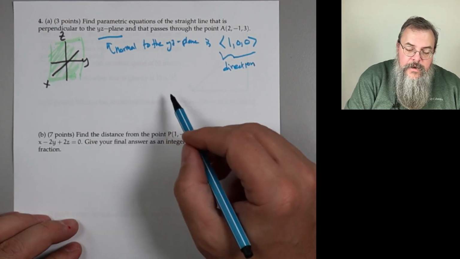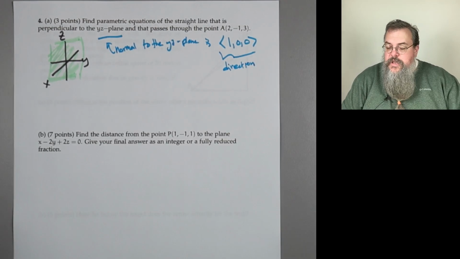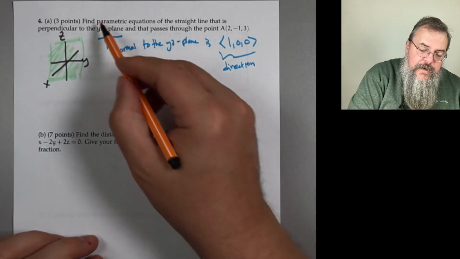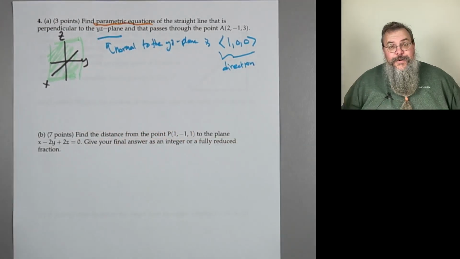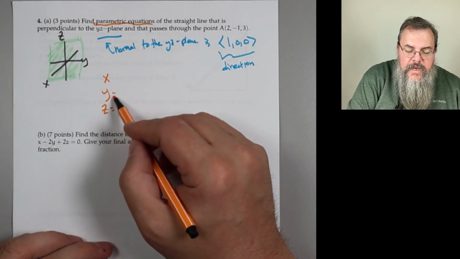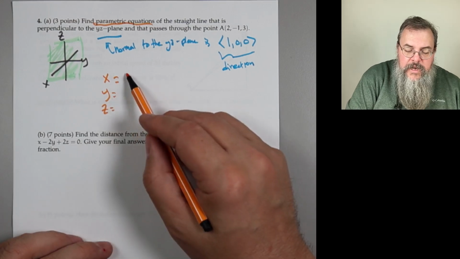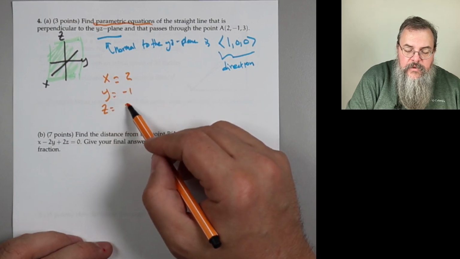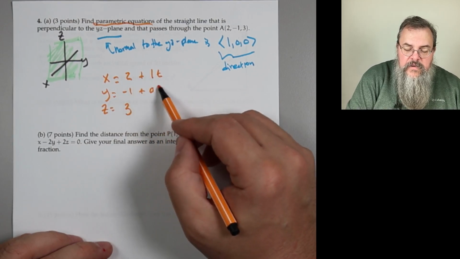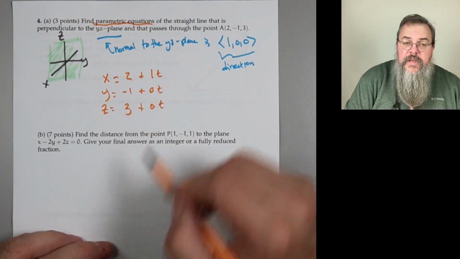And so now we say, cool. We quickly scan and say, which way do they want us to write the line? And they say parametric. And then we're like, really cool, because that makes life easy. So you have x equals, y equals, z equals. And then we write down our point, (2, -1, 3). And then we add 1 times t, 0 times t, 0 times t.